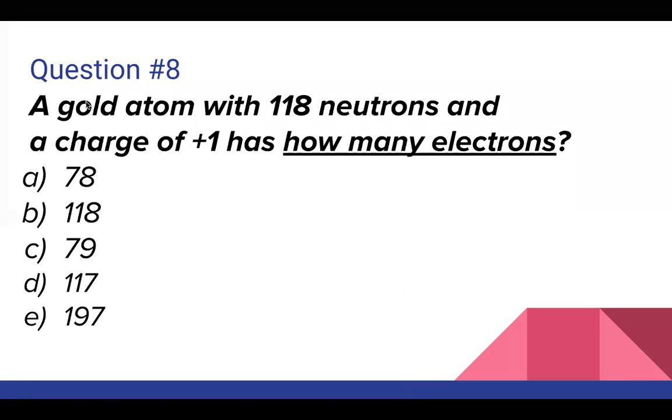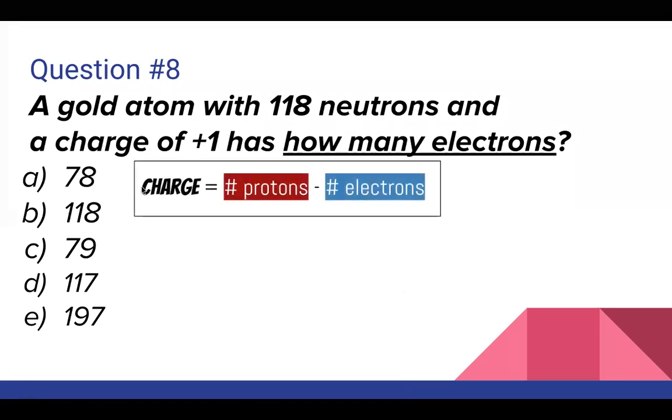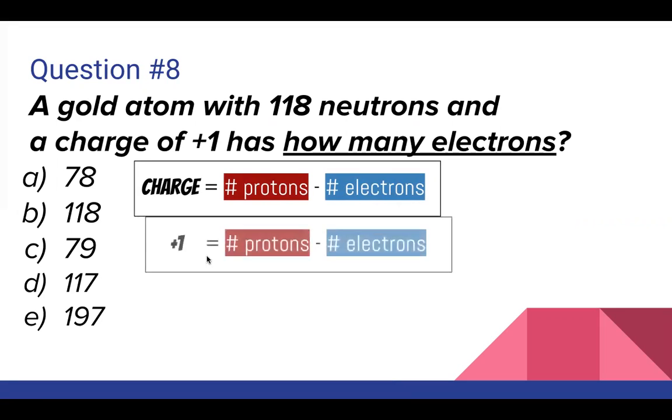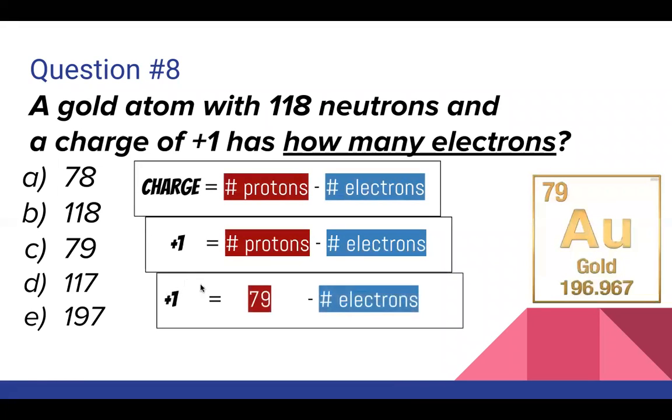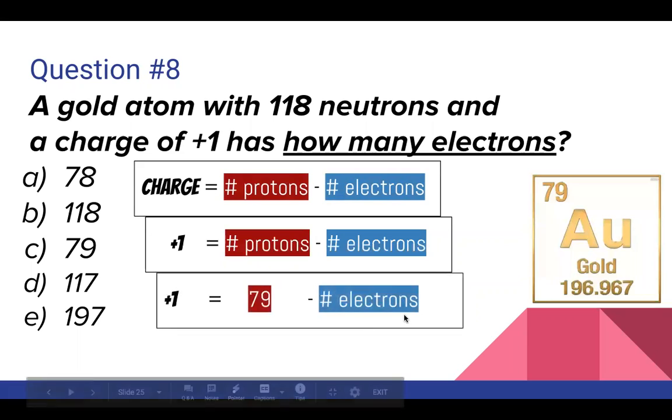So let's take a look at this gold atom using that equation we just looked at from the notes. We're given the charge, which is +1. And how do we figure out the number of protons? Well, we're told it's a gold atom. So just look up gold on the periodic table, and you'll see that it has 79 protons. So just plug in the numbers and solve for the number of electrons.